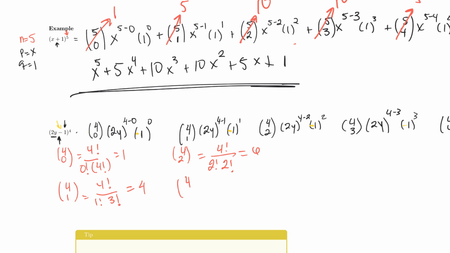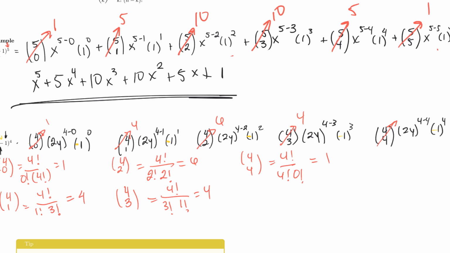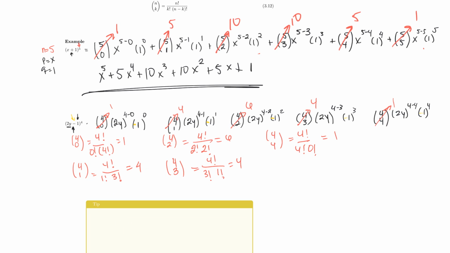Then we have 4 choose 3, this will be 4 factorial over 3 factorial times 4 minus 3 will be 1 factorial, and this will be equal to 4. And finally, we have 4 choose 4, and this will be 4 factorial over 4 factorial times 0 factorial, equal to 1. Okay, so now that we have all our coefficients, we have 1, 4, 6, 4, and 1.